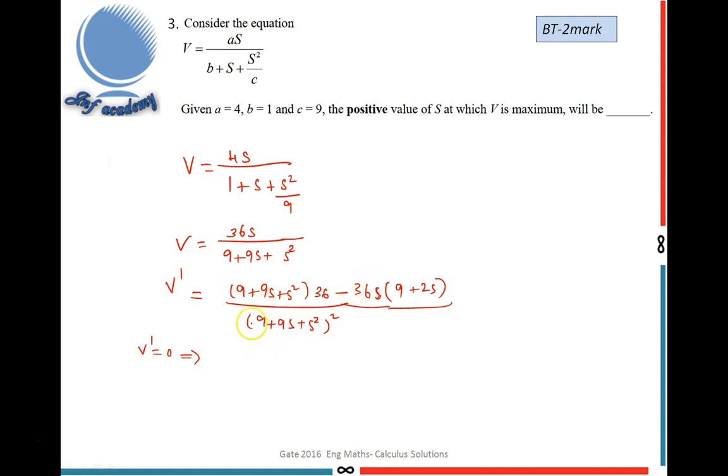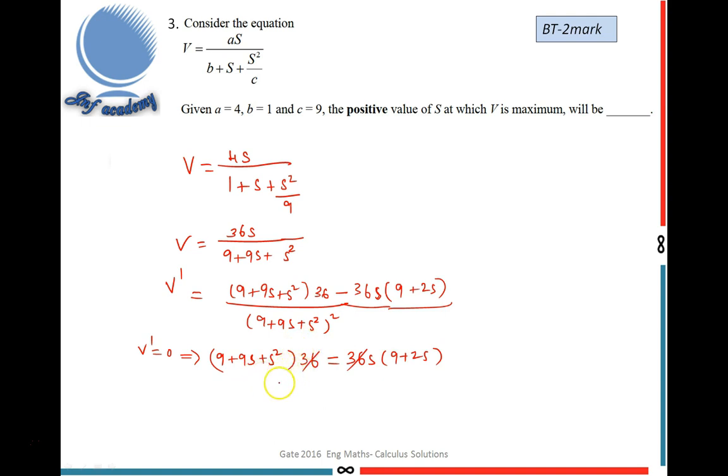So the numerator equal to 0, that is 9 plus 9s plus s square into 36 minus 36s into 9 plus 2s equal to 0. 36 cancels.